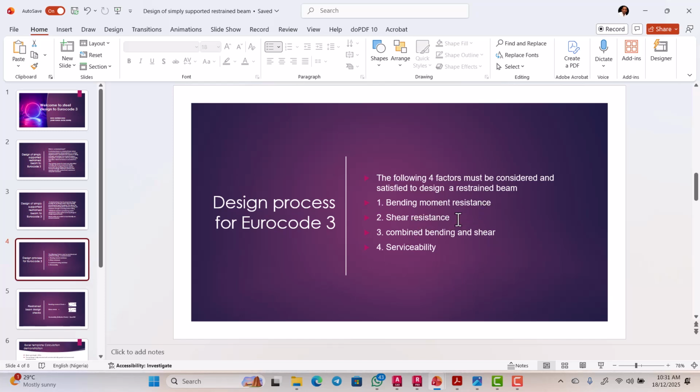And the code also says that it must be less than or equal to 1. Then the serviceability has to do with the deflection. So there is a limit which the structure must not exceed in terms of deflection. We are going to see this in a few moments.